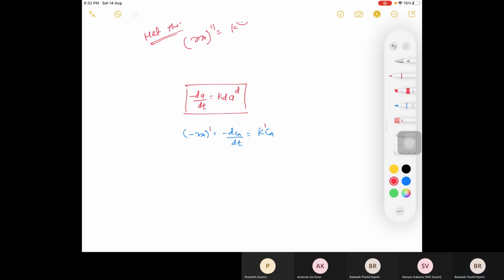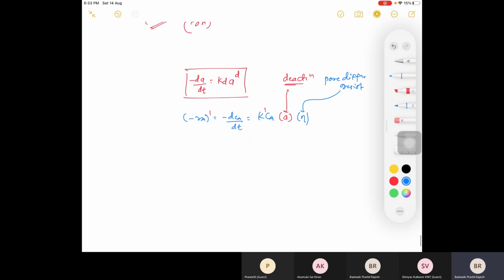So if there is deactivation, then I need to introduce one term, that is activity, right? If there is pore diffusion resistance, then I need to introduce another term, that is effectiveness, right? So my overall equation will be minus ra dash equals k dash CA a times efficiency, and one more term if I consider another thing.